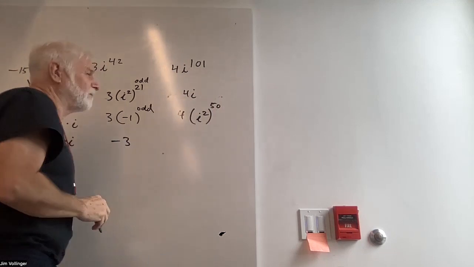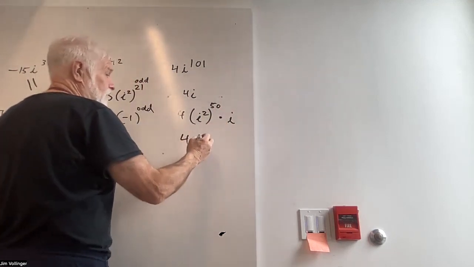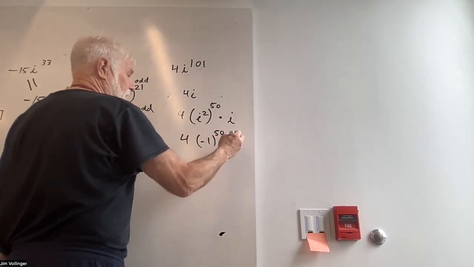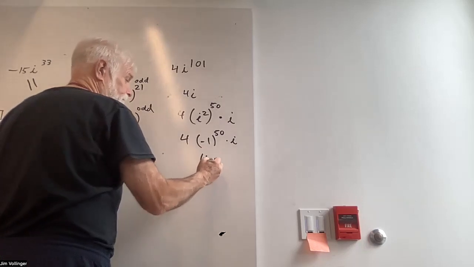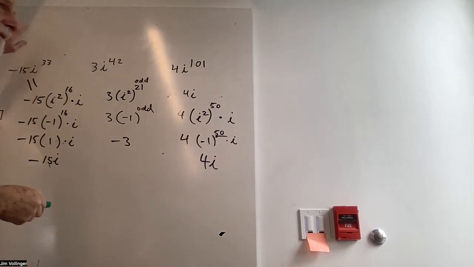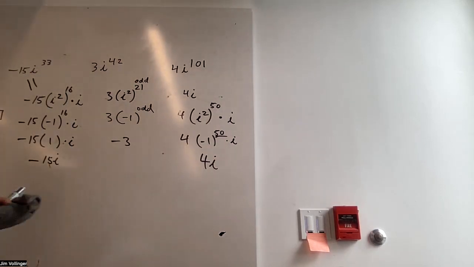So that should be +4i. Talking, not thinking. So that's 4 times -1, 50 times, times i is going to be 4i, right? Because that's even. All right, so I had that thought process of 4 somewhere back in my head, and it threw me off. I don't want to end on that note.